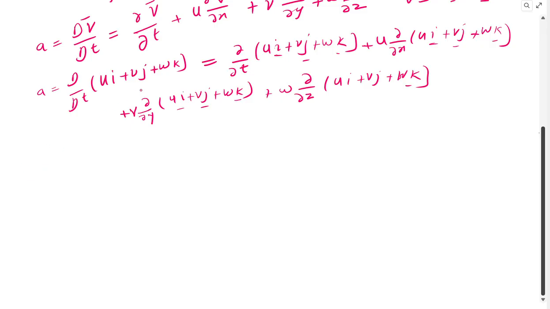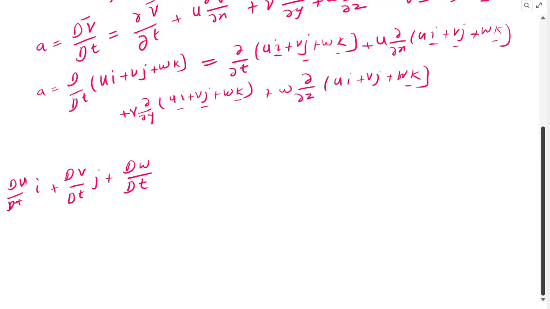For example, on the left hand side, this term: du by dt i plus dv by dt j plus dw by dt k, right?